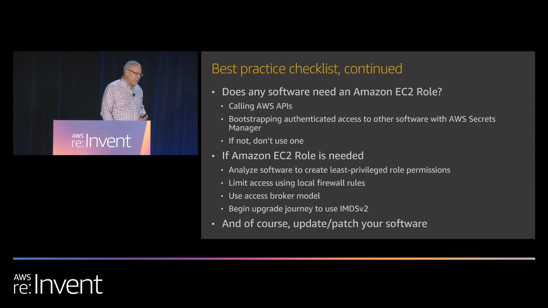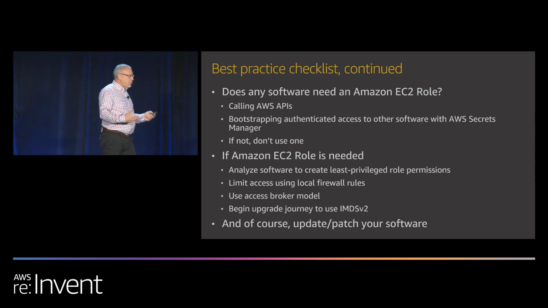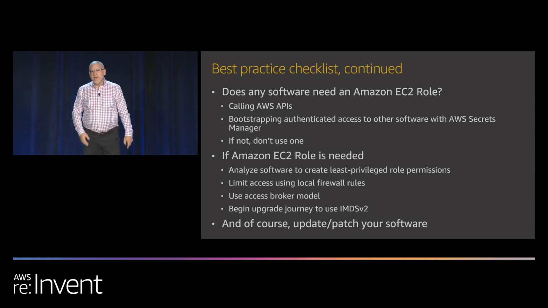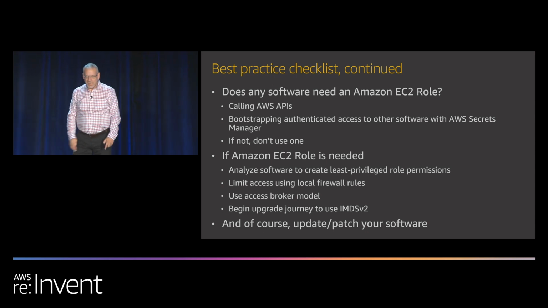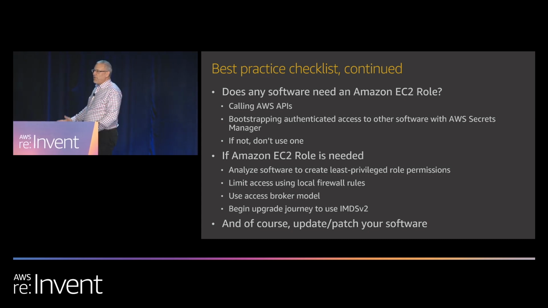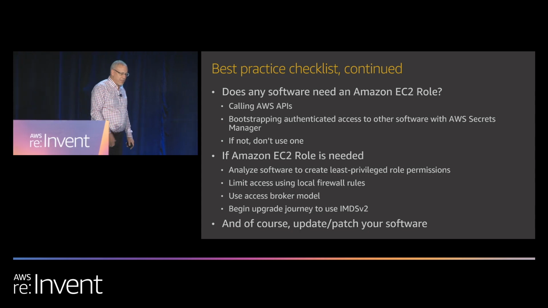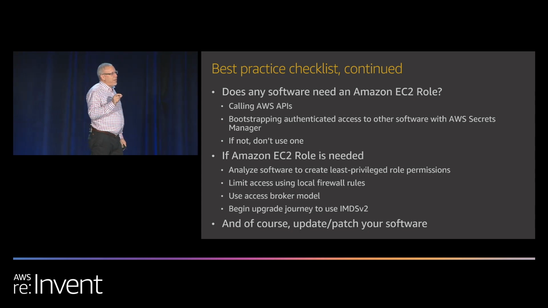Next question, does any software need to call APIs? That's when you need a role. If you're not calling any AWS APIs, don't assign a role to the instance. Okay, just don't do it. It just creates risk. Now again, there are some really interesting special cases, like you might say, well, I've got to call a database.